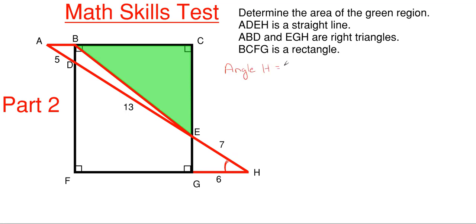Angle H will be solved as such. The cosine of H is equal to the adjacent over the hypotenuse, which is 6 over 7 for this little right triangle. Solving this, H equals the cosine inverse of 6 over 7, which gives me exactly 31 degrees.